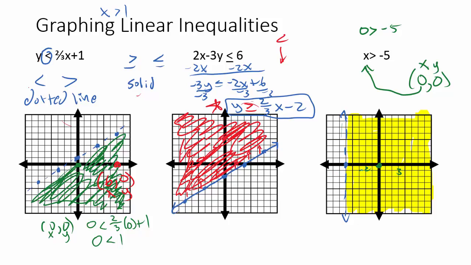Let me just double check. 1, 2, 3, 4, 5, 6. This would be -6 over here. You can see that the smaller numbers are to the left and the bigger numbers are to the right. If we have a greater than sign, we want to shade towards the bigger numbers, which are over to the right. Normally, on almost every example, it's an up or down problem. This is the one example where you'll shade left or right because it's a vertical line. Okay? And that's just a quick introduction to how to graph linear inequalities with two variables.